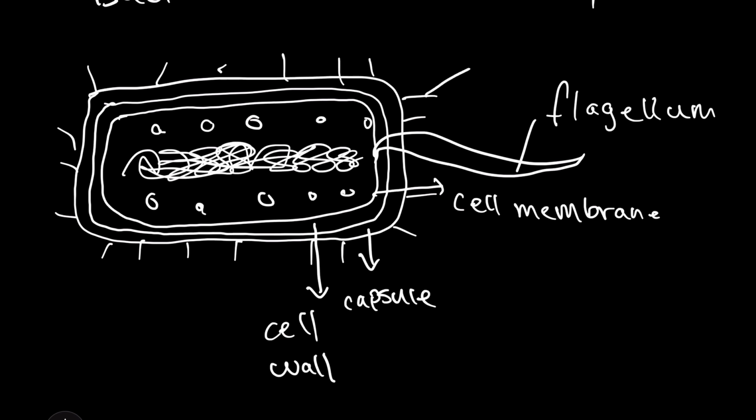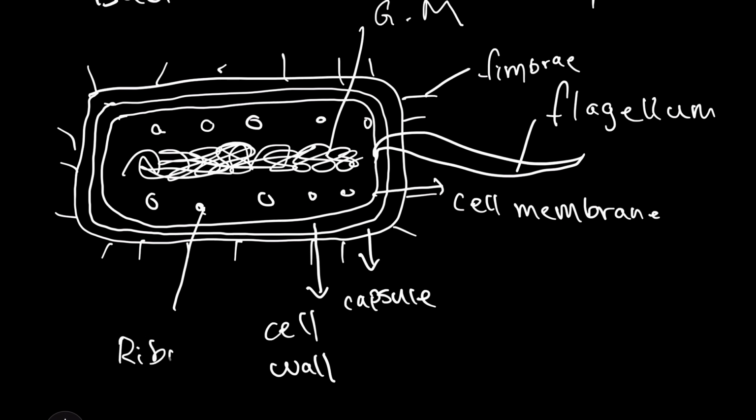These hair-like projections are known as fimbriae. This is our genetic material. These are just ribosomes. And these circles are what we call inclusion bodies.